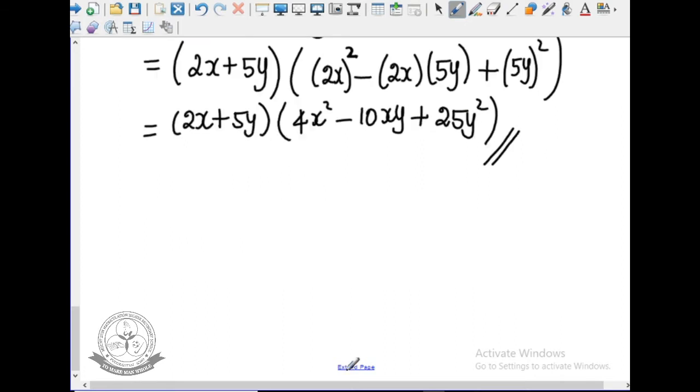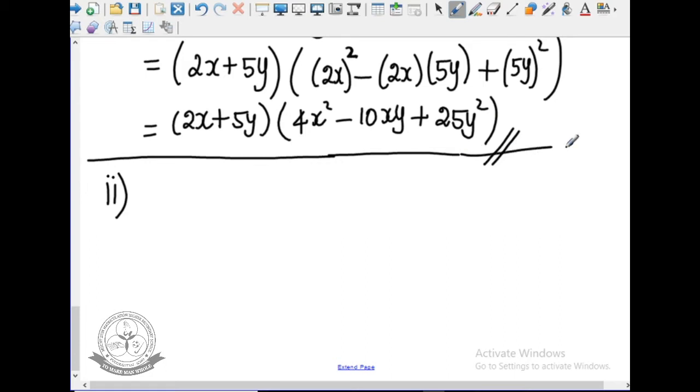Okay, then fourth question, second subdivision. 27x cube minus 8y cube.